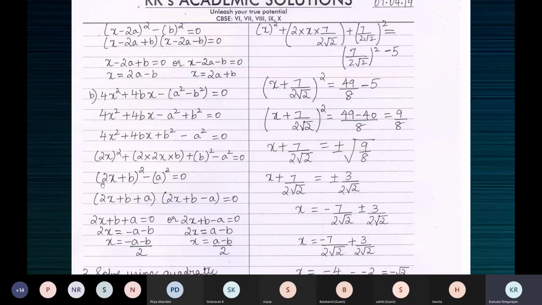So we understand that m is 2x plus b, n is a, so m plus n and m minus n. Now we equate each of these to 0 to find the values of x. We're solving for x. x is equal to this or x is equal to this. Write down, children.